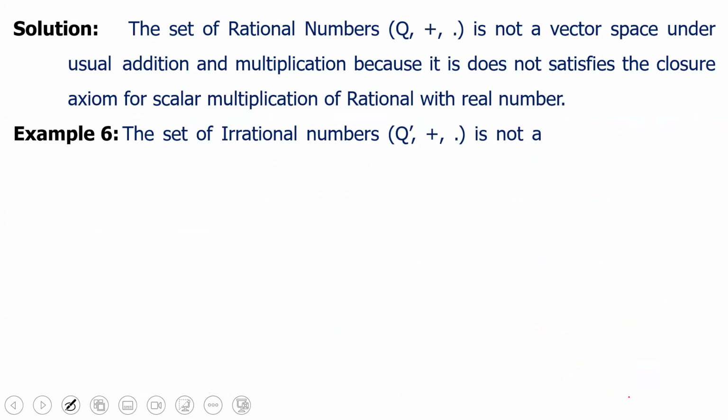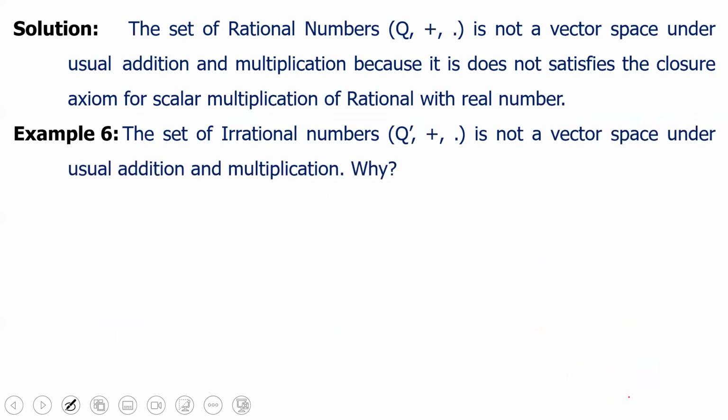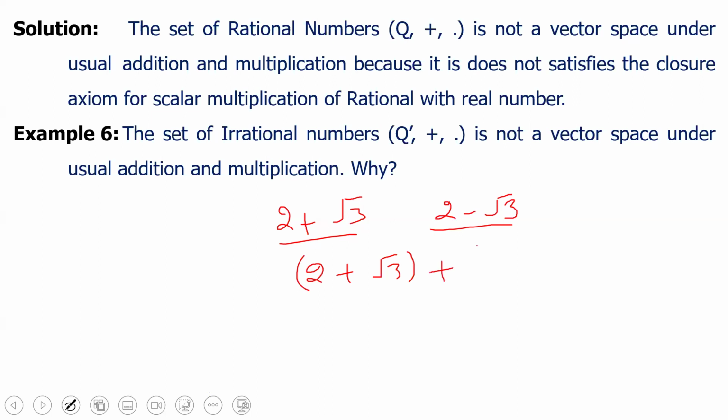Example number 6. The set of irrational numbers Q' is not a vector space under usual addition and multiplication. Why? Here, if we take two irrational numbers, let me take 2 plus √3 and 2 minus √3. These are two irrational numbers. If we add these two, (2 plus √3) plus (2 minus √3), the answer is equal to 4, which is a rational number, not an irrational number.